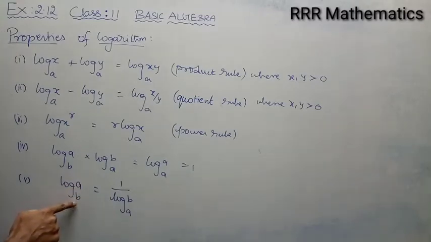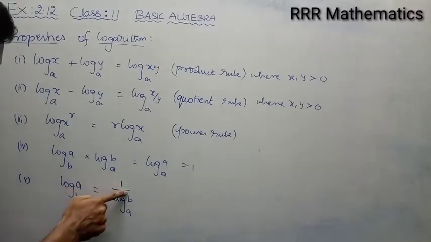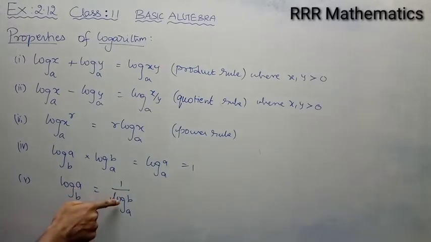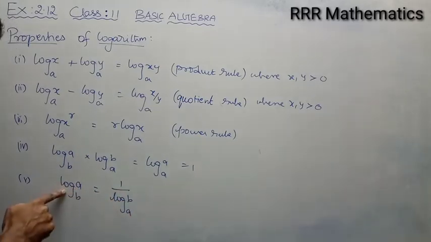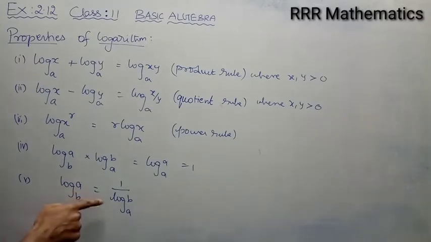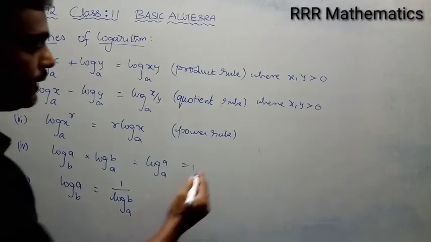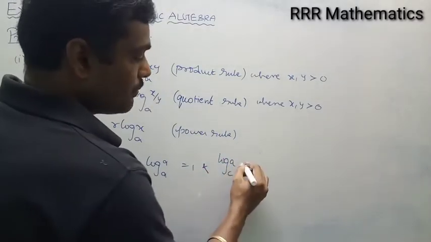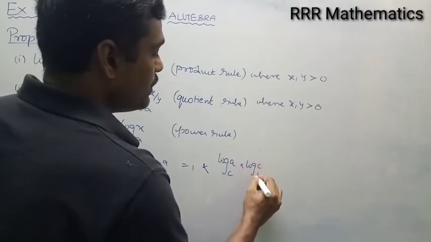See, log a base b, when you take the reciprocal, 1 by the value: the base will come to the value and the value goes to the base. Log b base a is 1 by log a base b. And we have one more property, log a base c into log c base b.